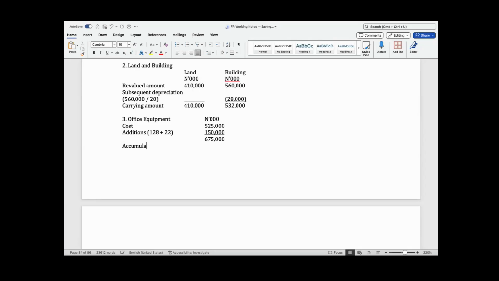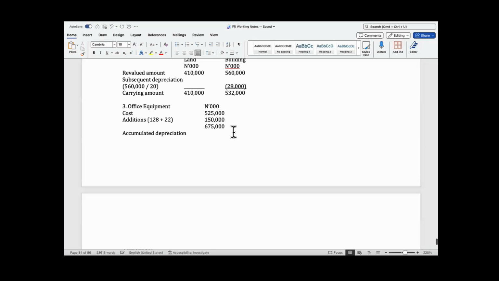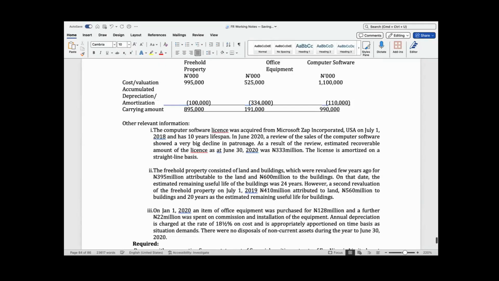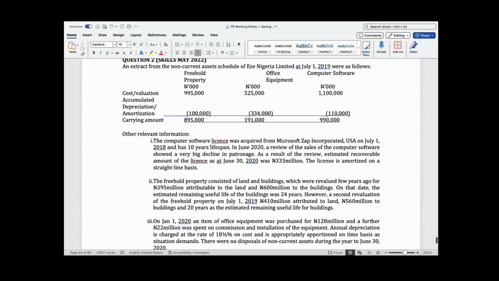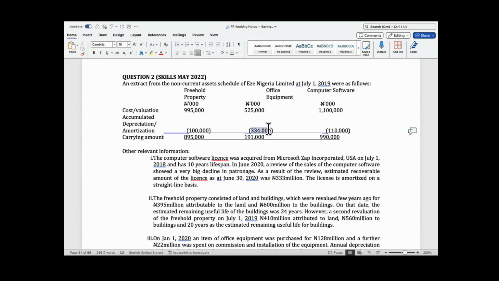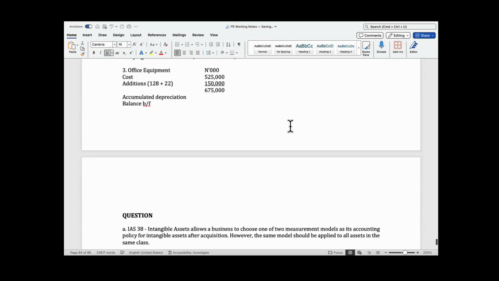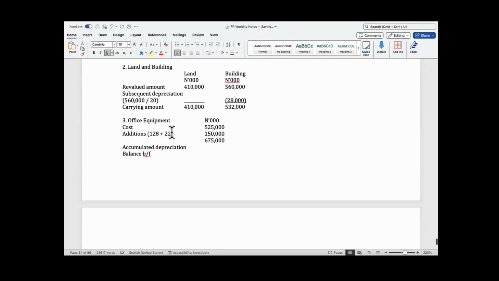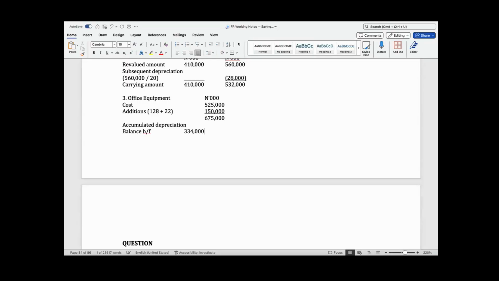Then accumulated depreciation. Since they didn't tell me when they bought it, I can just work with the opening depreciation, which is 334,000. Opening depreciation is 334,000. And the charge for the year, which is depreciation charge for the year.